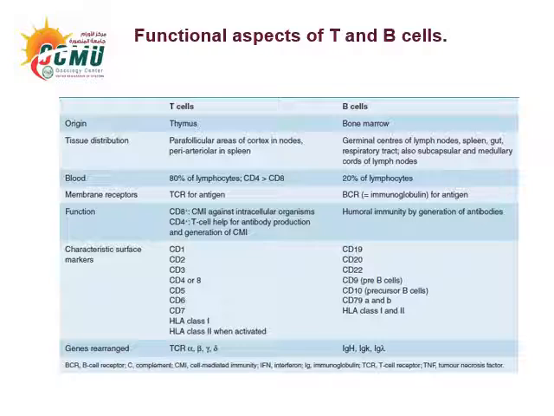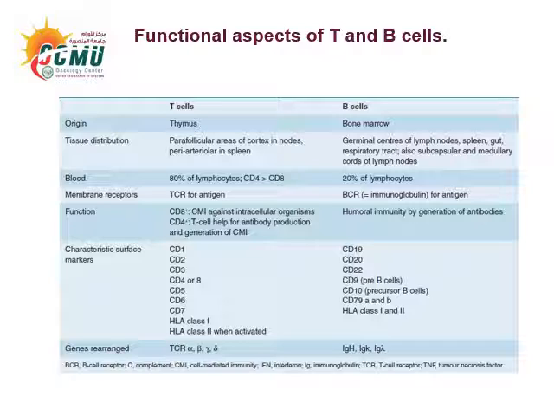B cells mature in the bone marrow and circulate in the peripheral blood until they undergo recognition of the antigen. T cells develop from cells that have migrated to the thymus, where they differentiate into mature T cells during passage from the cortex to the medulla.